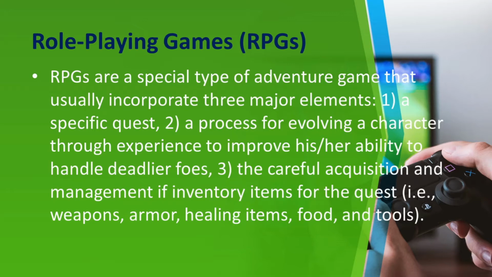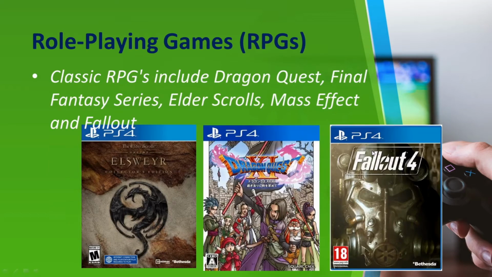The second is a process for evolving a character through experience to improve his or her ability to handle deadlier foes. The third is the careful acquisition and management of inventory items for quests, for example, weapons, armors, healing items, foods, and tools. Okay? So, remember these three. These are the three major elements that differentiate RPG games from other genres of games.